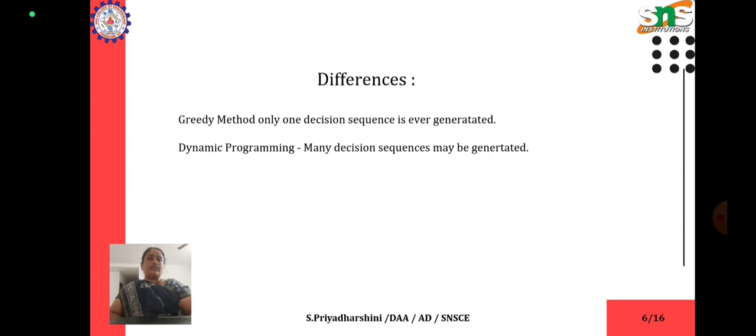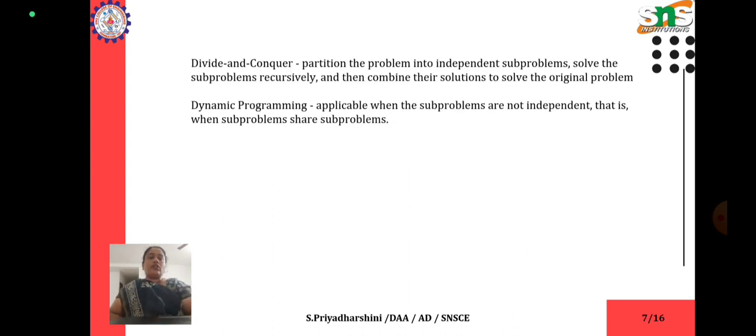Let's see what is the difference between dynamic programming and the greedy method. In the greedy method only one decision sequence is ever generated. In dynamic programming many decision sequences may be generated. Next, the difference from divide and conquer. Divide and conquer partitions the problem into independent subproblems, solves the subproblems recursively, and then combines the solutions to solve the original problem.